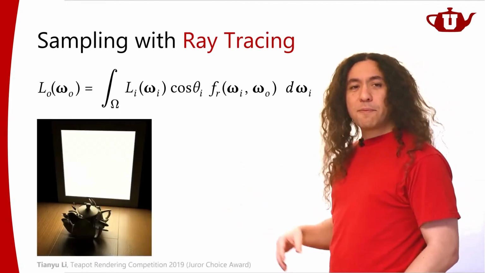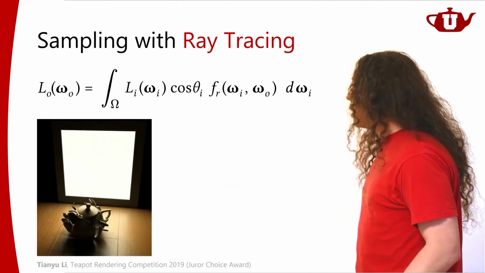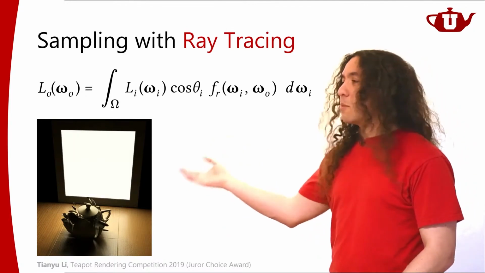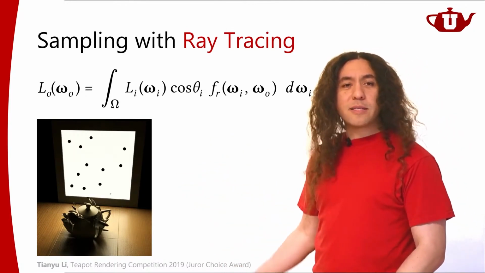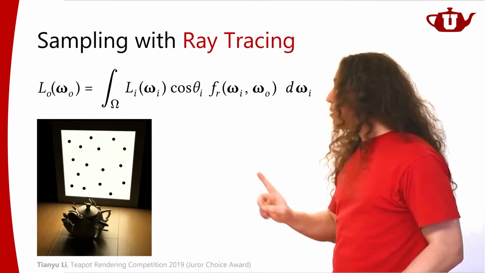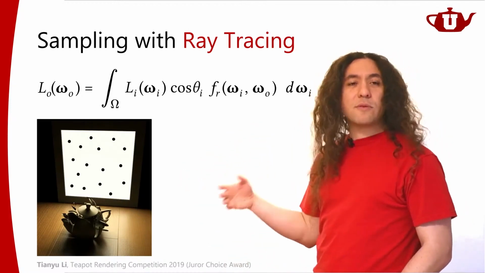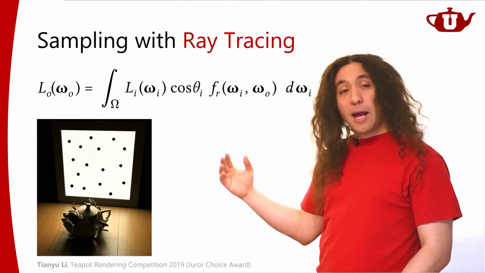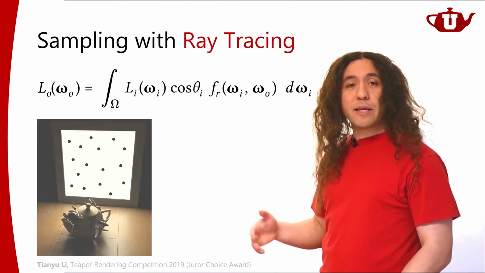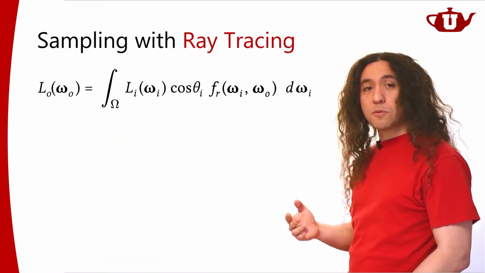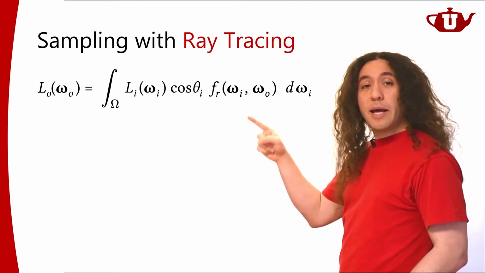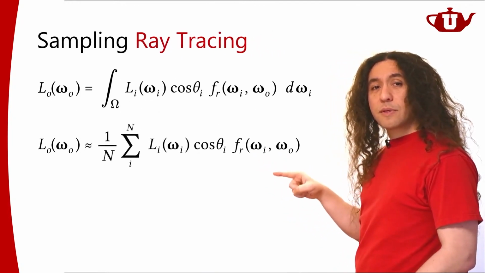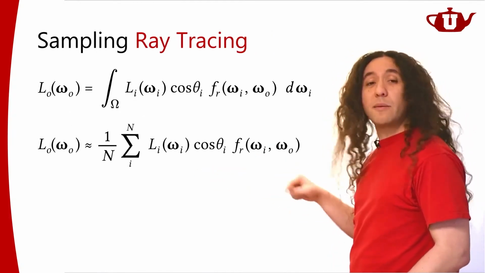For example, if we are trying to compute the lighting for an area light like this, we could just pick some random samples on this area light surface, and then trace shadow rays. With that, we can approximate the shadow. So that's going to be the idea, that we're approximating an integral by using a finite number of point samples, because that's what ray tracing will do. Basically it takes this integral and approximates it as a sum of a finite number of elements.